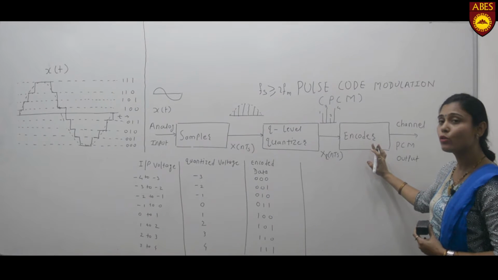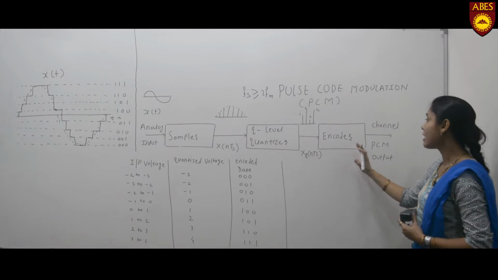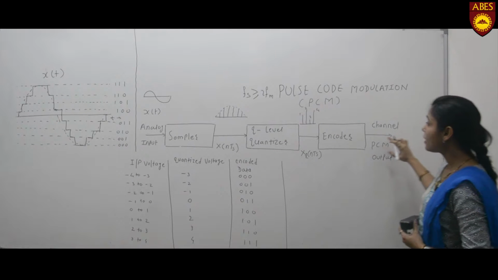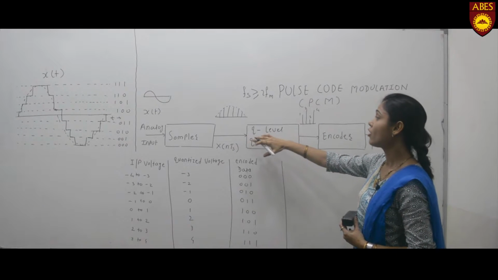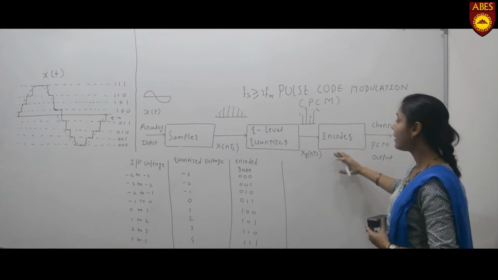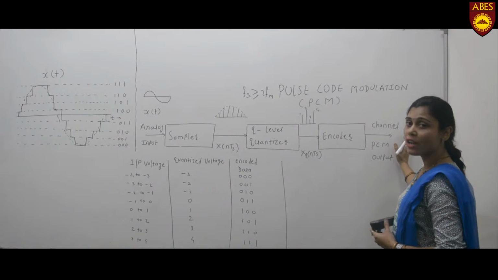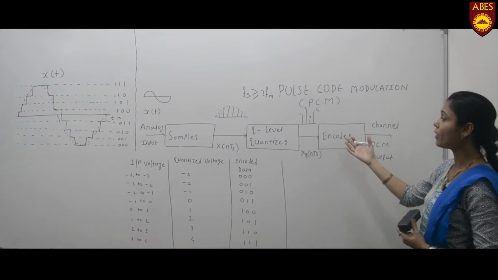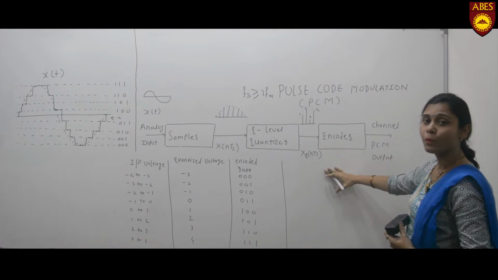Once it is converted into digital data, it will be transmitted with the help of the channel. So this is the PCM function at the transmitter side, and then it is transmitted through the channel, and at the receiver we can perform the reverse operation with respect to the PCM.